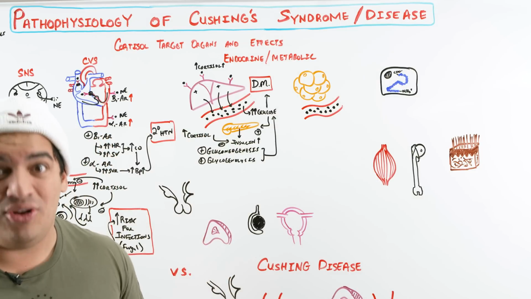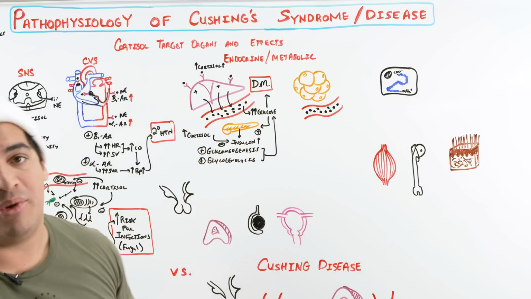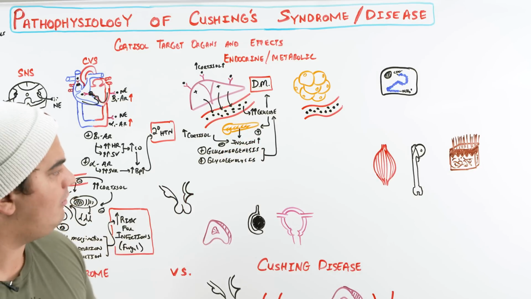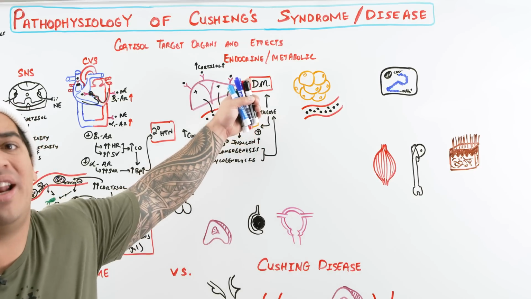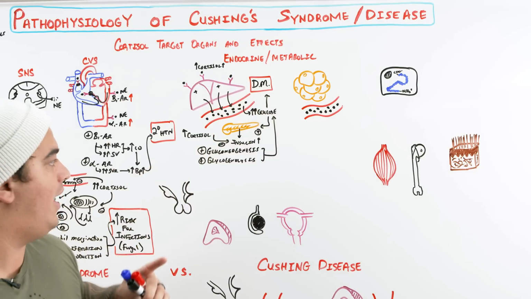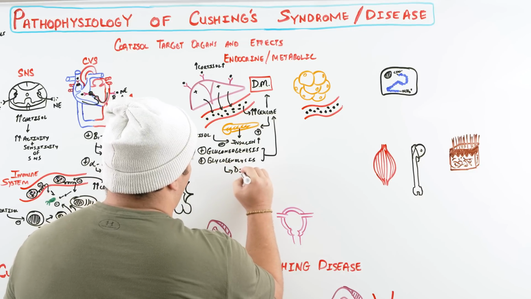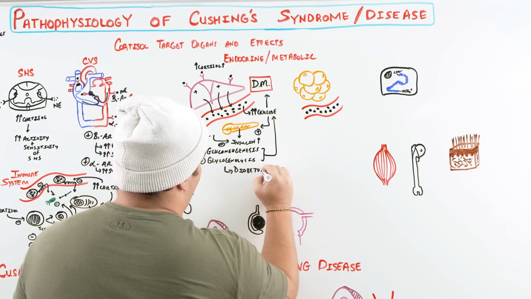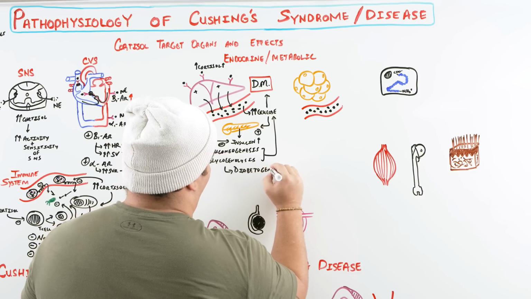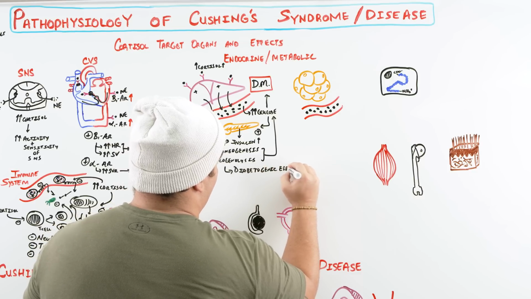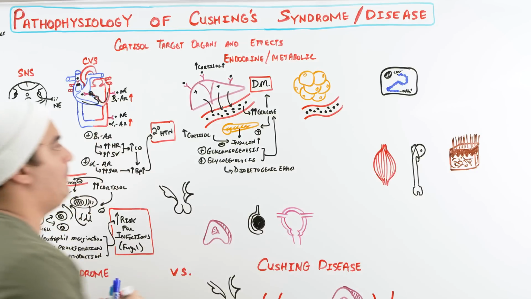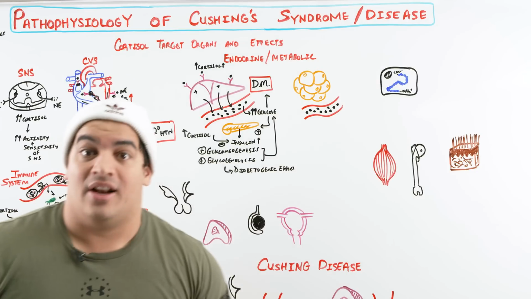So now you continue to have high glucose levels and end up with an increased risk of diabetes. This is called the diabetogenic effect of cortisol. We can actually write that down. This is called the diabetogenic effect. I wish I was making this word up, but this is real. All right, the next thing has another very profound effect.